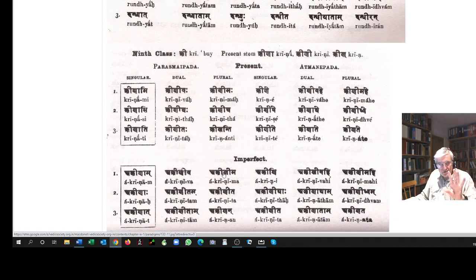To know what class a verb is and how the verb behaves, you don't need to have all of these 72 forms per verb. All you need to know, look here, krinati there, third singular Parasmaipada krinati, third singular Atmanepada krinite. Once you know that and that, all of the rest will follow.